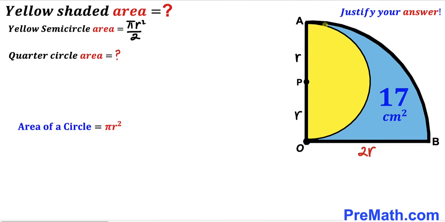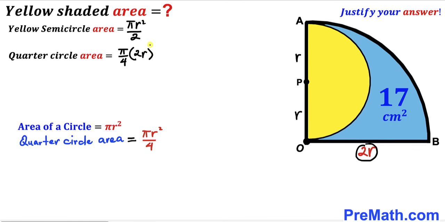Now we focus on the whole quarter circle, using the very same area of a circle formula. Since we are dealing with the quarter circle, the area is pi r square divided by 4. The radius of this quarter circle is 2r, so the area is pi divided by 4 times (2r) whole square.